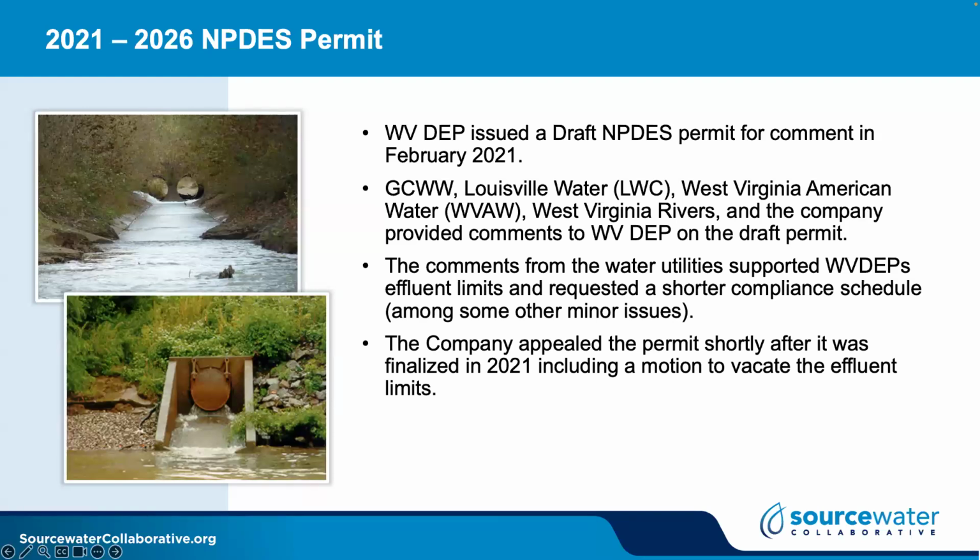Generally speaking, the comments from the water utilities were very supportive of what West Virginia DEP was trying to do, which is an important point: sometimes you don't have to disagree with a permit to comment on it. Sometimes the regulating authority needs to hear what you're supporting and why you're supporting it, and that's the approach that we took with the bulk of our comments.